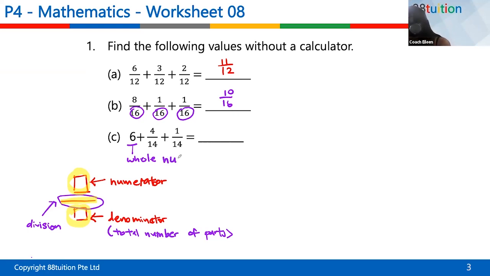Let me show you, okay? Whole number. And it's also the same as 6 wholes.